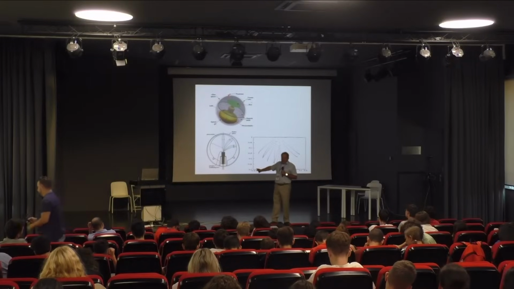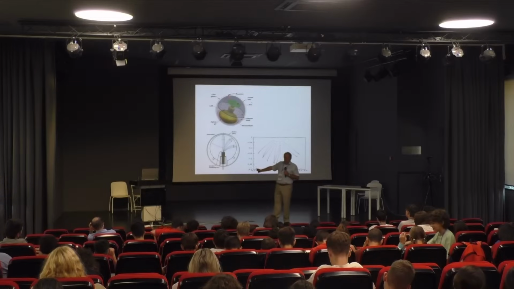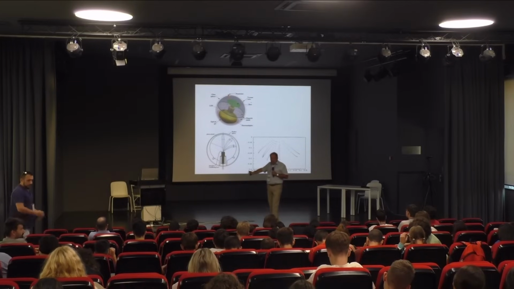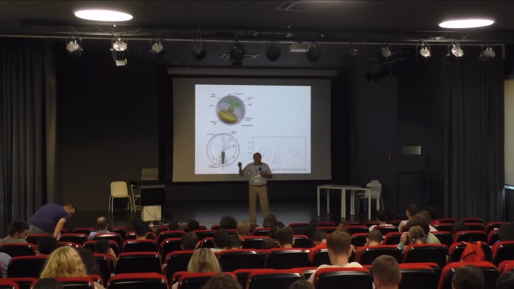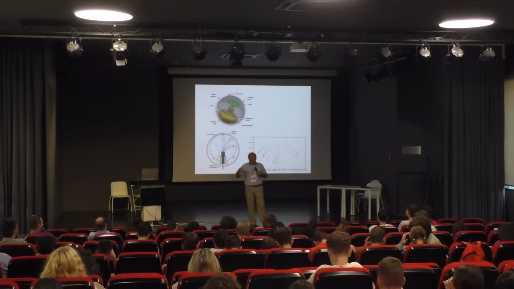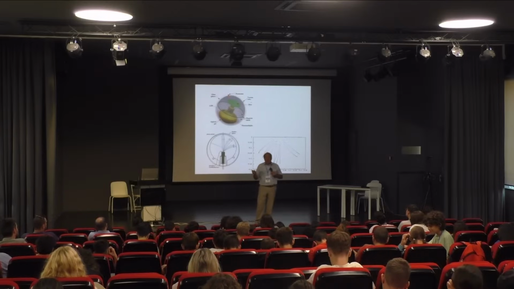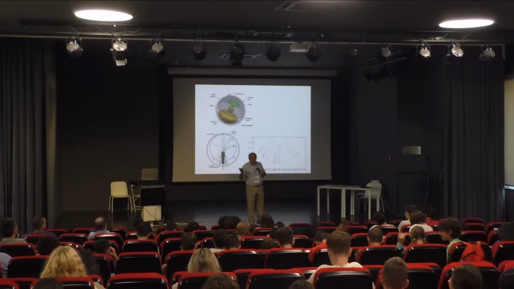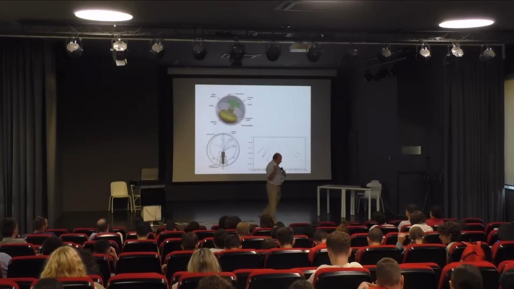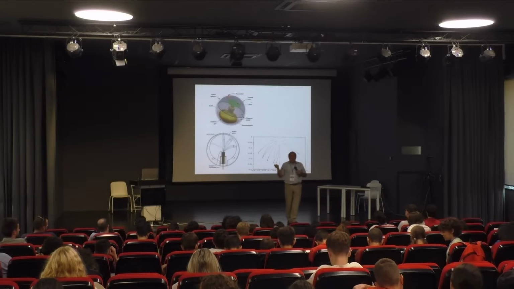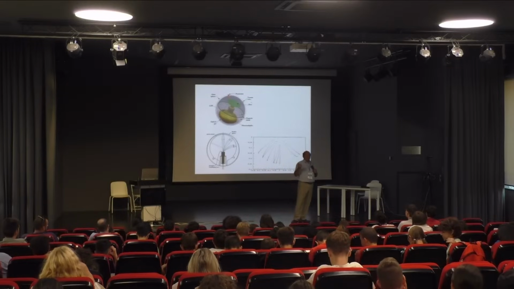Here, the references I'm making are for the first neutrino telescopes. The first neutrino telescopes were installed in the Pacific Ocean in Hawaii at about 5,000 meters. The second one in the Mediterranean Sea at about 4,000 meters.